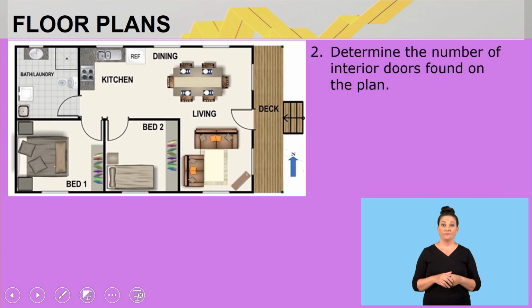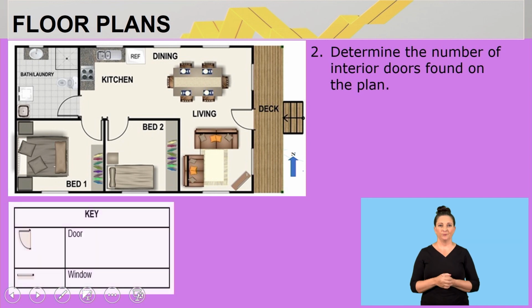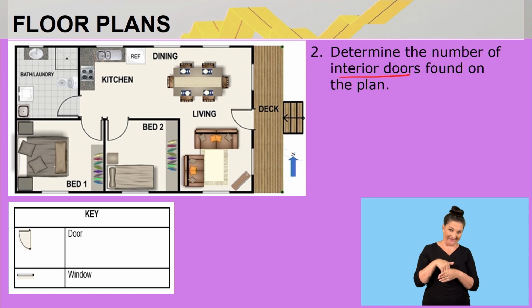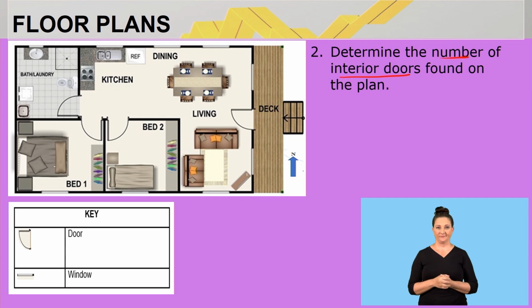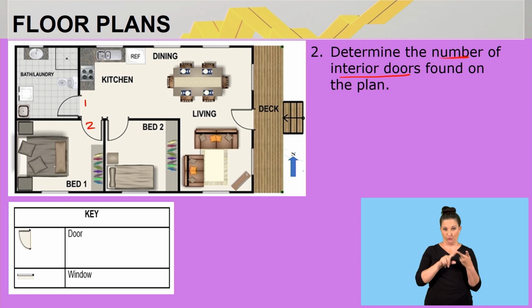Second question here says, determine the number of interior doors found on the plan. Remember, it should be interior doors, and we want to know how many, determine the number. Are we clear? So if I look at this, we agree this is an interior door. One going here to the bedroom is the second interior door.